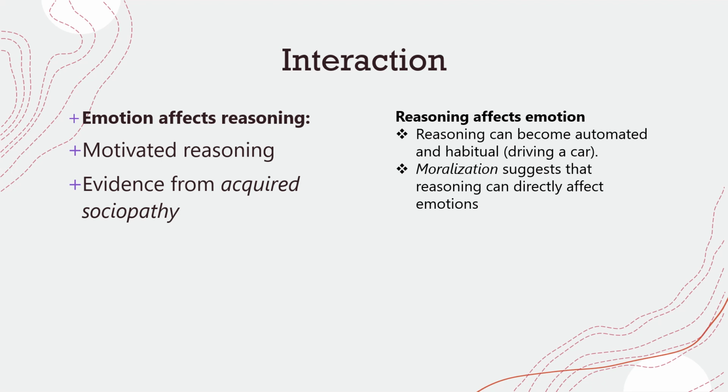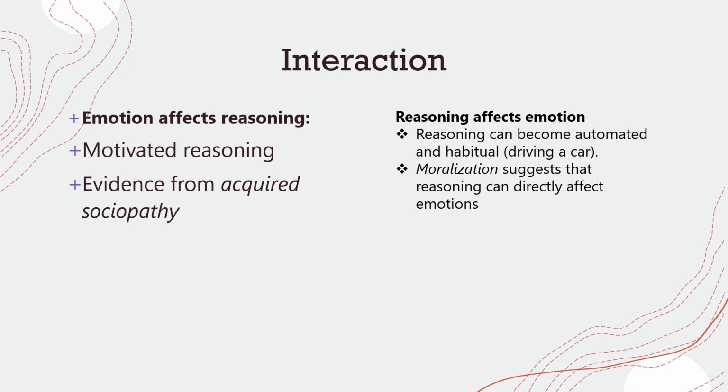On the other side, we can see reasoning affects emotion. So in automated reasoning, perhaps reasoning is being deployed to respond to moral problems. Think of driving a car: when you're learning, you have to think about it, but over time it becomes habitual and natural.